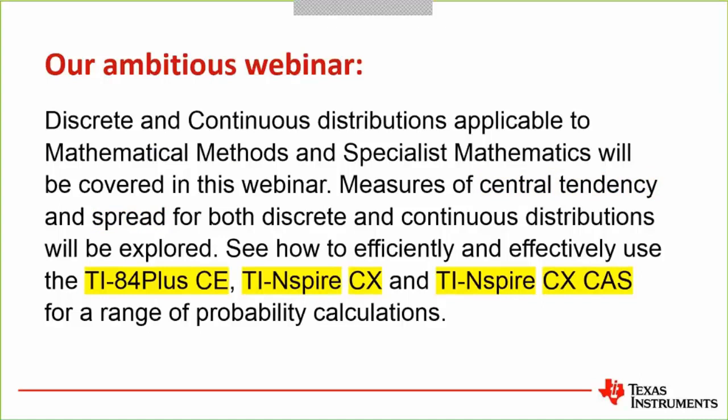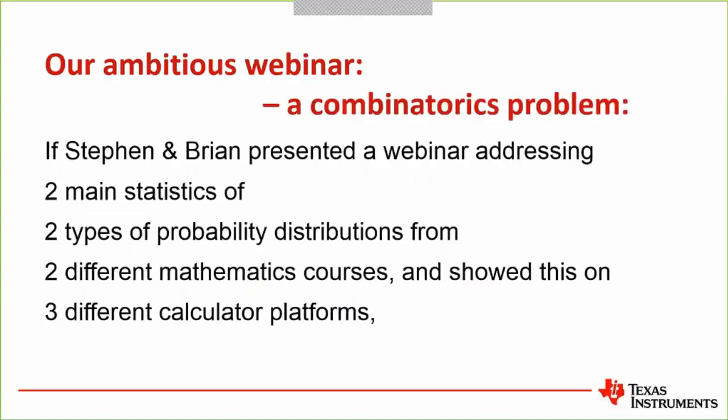The TI-84, which some Victorian teachers may remember using along with the TI-83 platform, and now I've moved on to the TI-Nspire CX CAS. There is also a non-CAS version of that calculator, which I know is popular in some other states of Australia. We will show some comparisons between these.